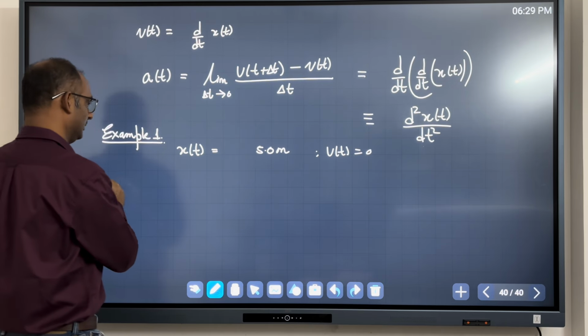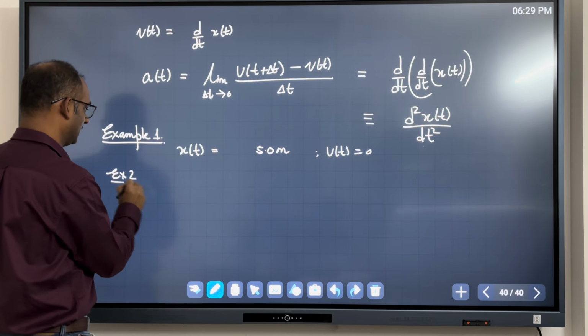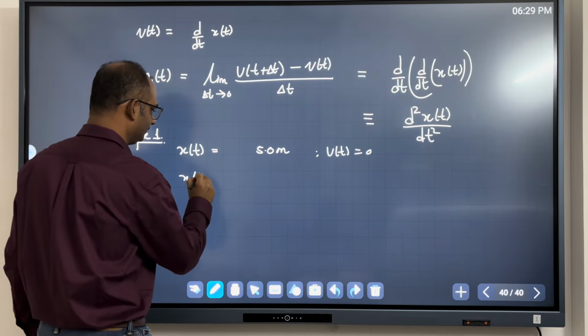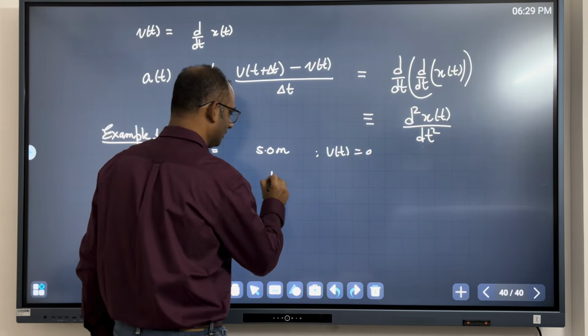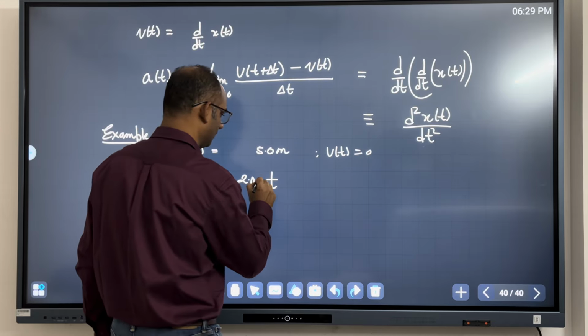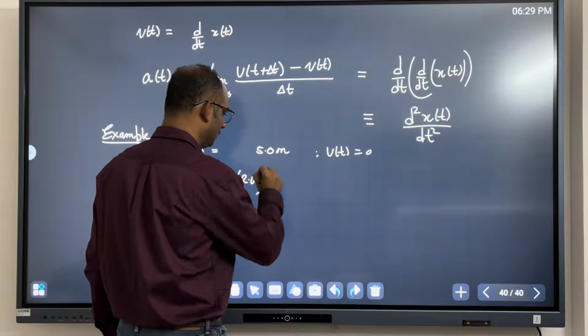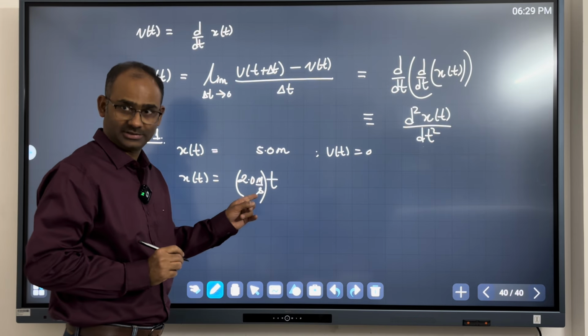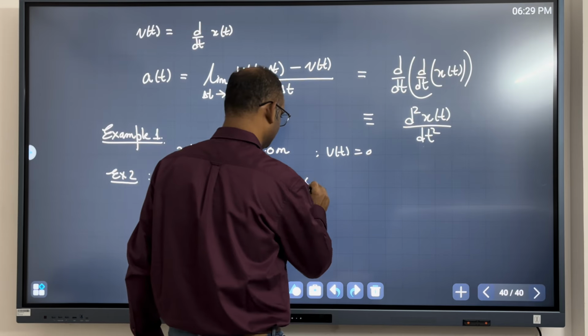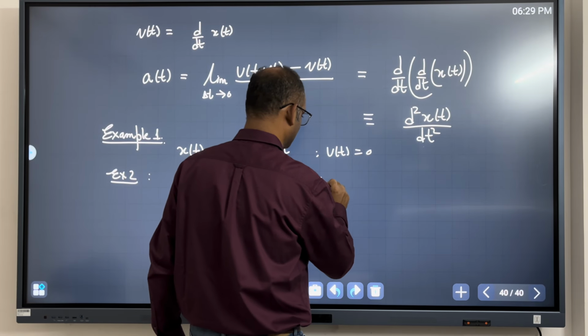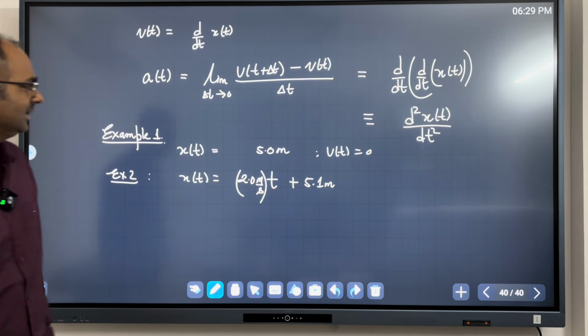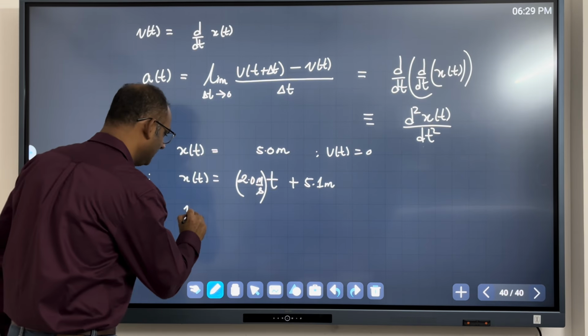Let's take another example. Okay, I hope you understand that I am adjusting the dimensions. Let's find out its speed at some time.